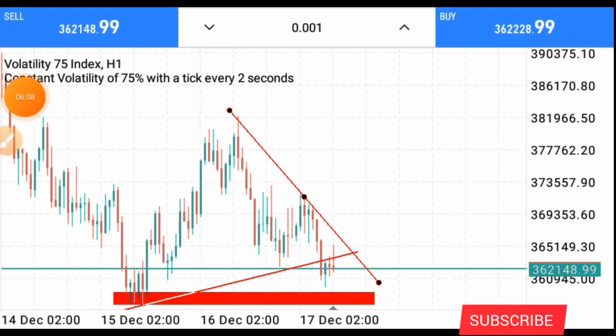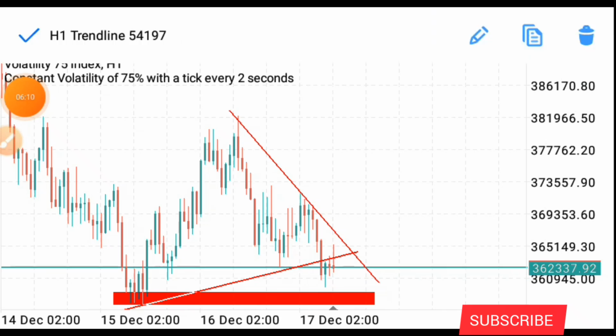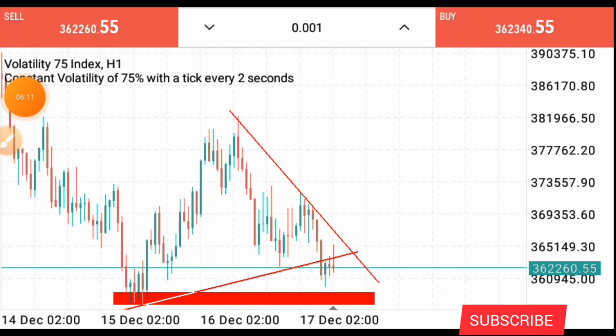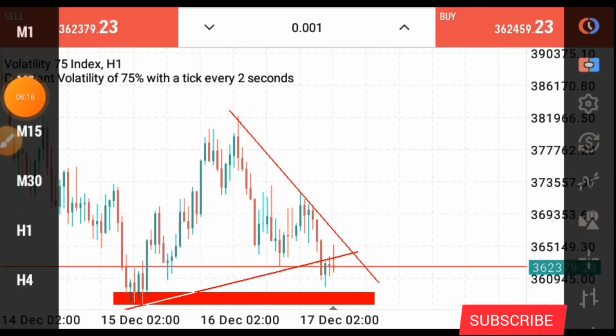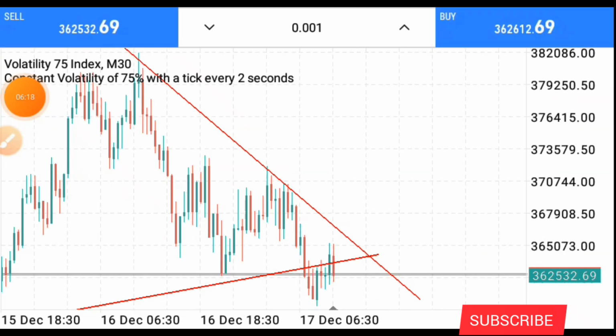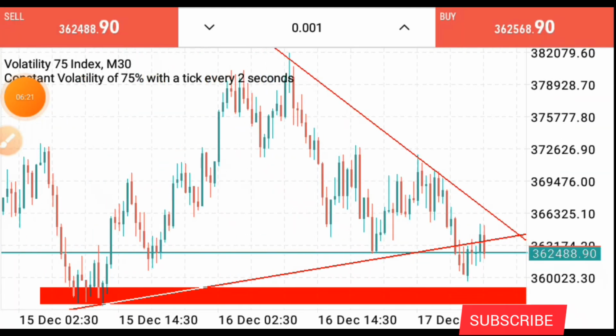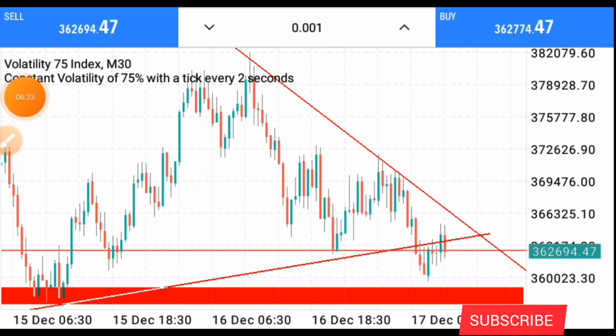All right, so this is what I can see here, right? So all that I'm seeing now is that price is currently going down. So let me go to the 30-minute time frame and see what's going on there. So here on the 30-minute time frame, you can see it's still going well with our analysis, right?